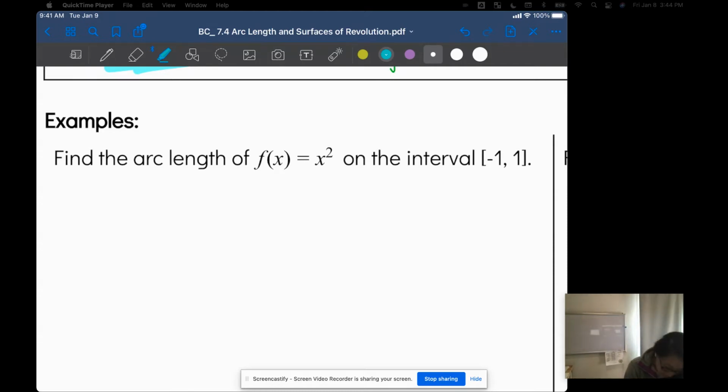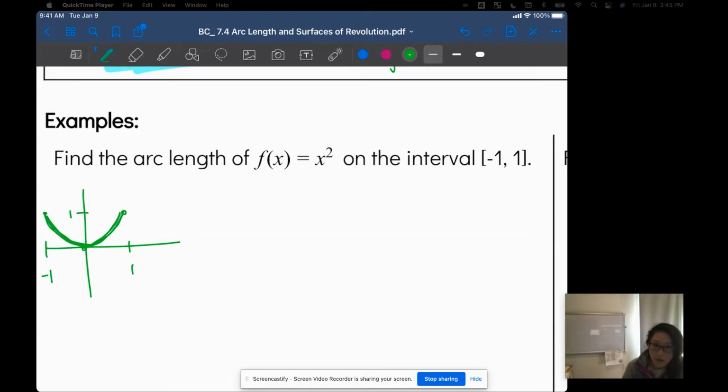All I need are the bounds and the derivative of the curve. If I were to graph this really quick, x squared looks like this, and we're going to find the arc length between -1 and 1. I need the derivative of f of x, so that's 2x.